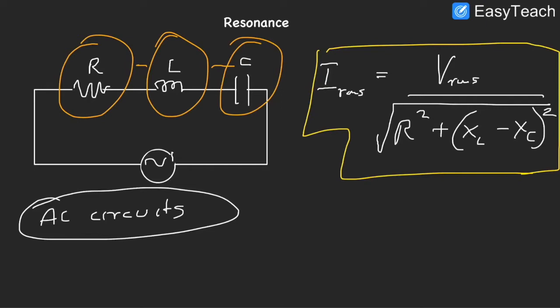XL and XC are the impedance offered by your inductor and capacitor. So this expression is nothing but Ohm's law.